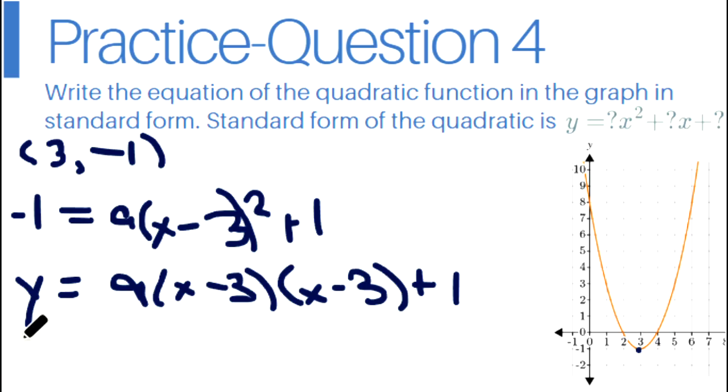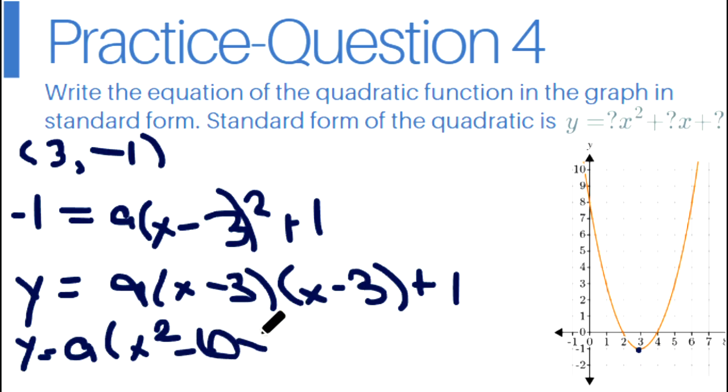Okay, so now we have y equals a, which we don't know what it is yet, times this becomes x squared. And then we have -3x, so -6x plus 9 plus 1.